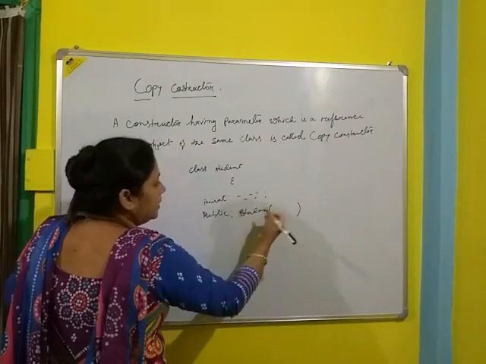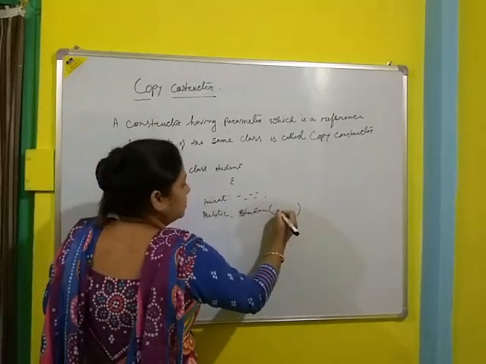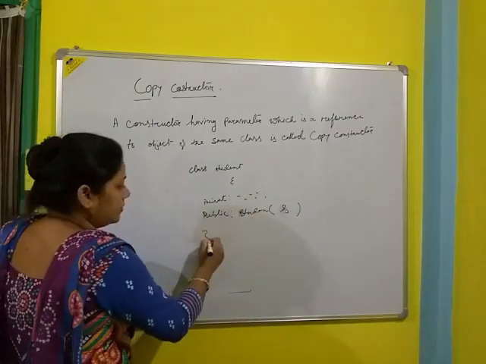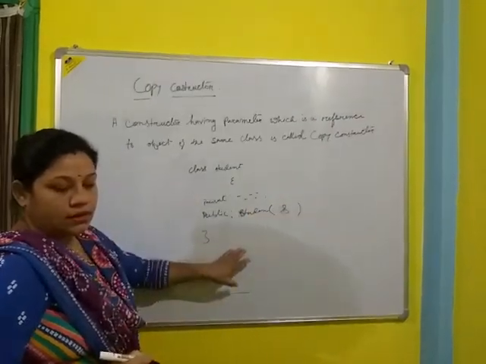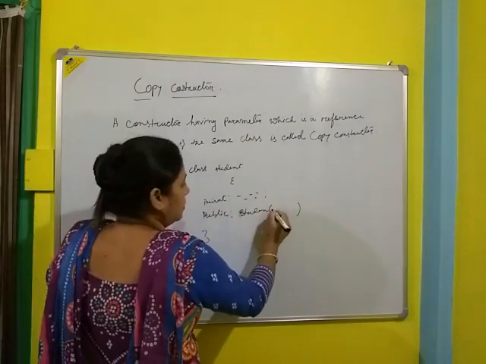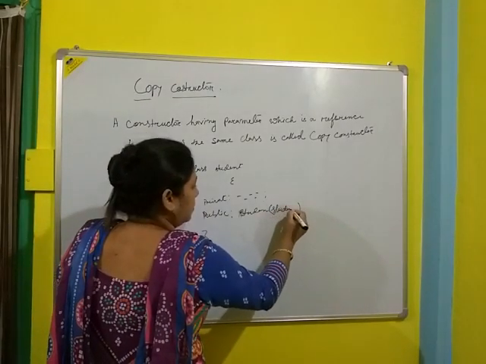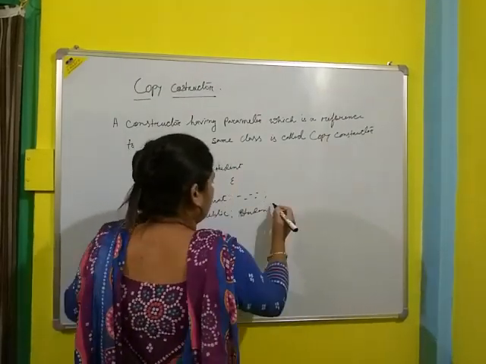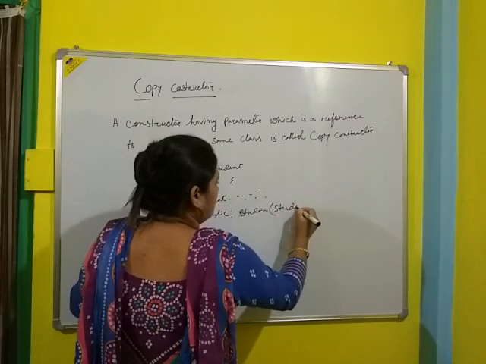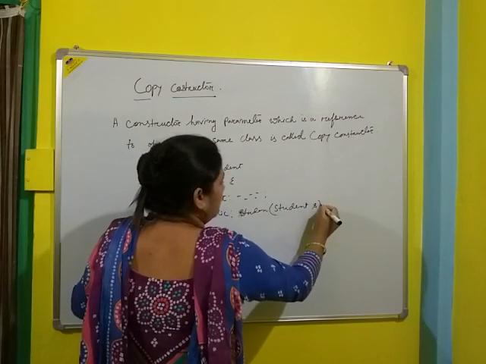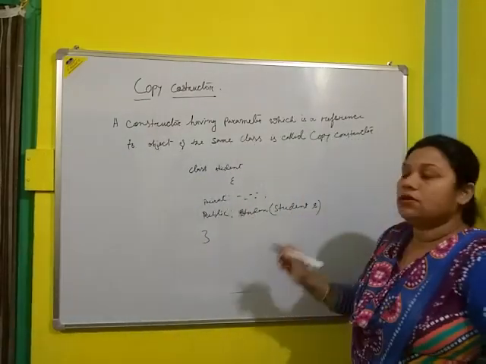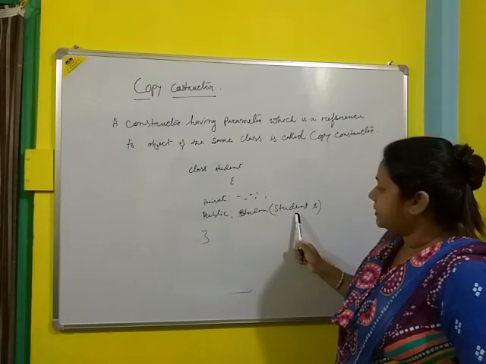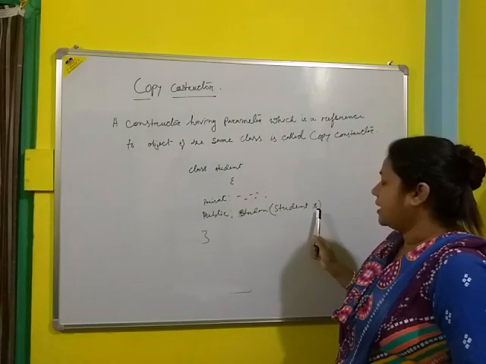So here if I pass S, okay, student, look, here I am declaring a constructor and inside the argument I use an object.